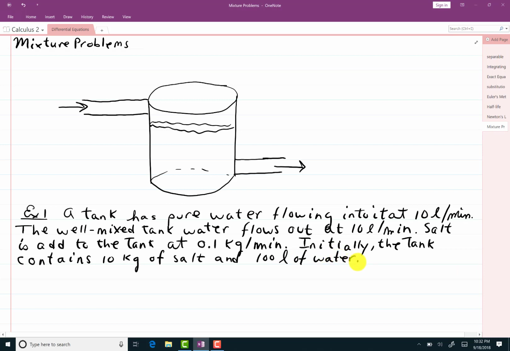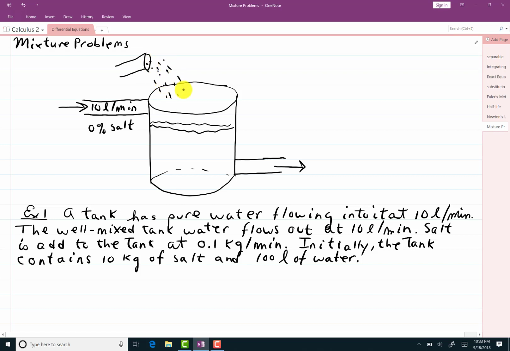All right, so in this situation here, I'll use the picture I just drew to illustrate. We have water coming in, just pure water coming in, at 10 liters per minute. But there's no salt in the water that's coming in, so 0% salt. We also have salt being poured in, let's make a little tube of the stuff, and out comes the salt into the tank.